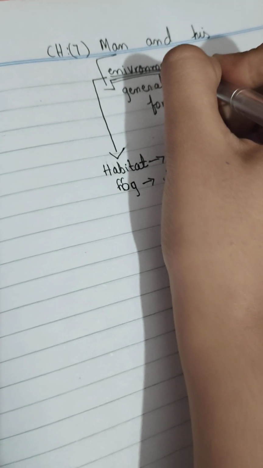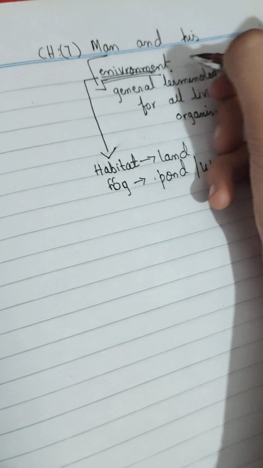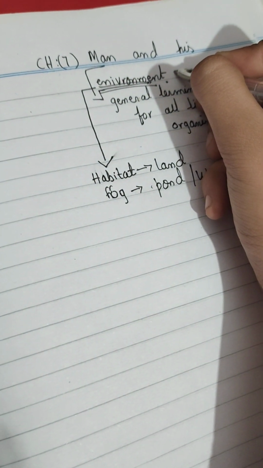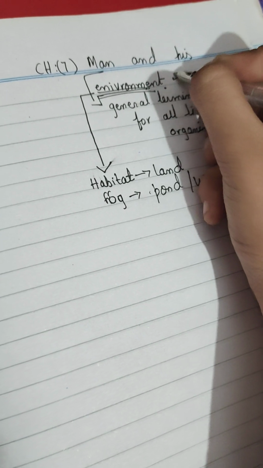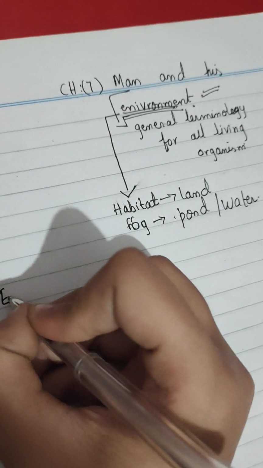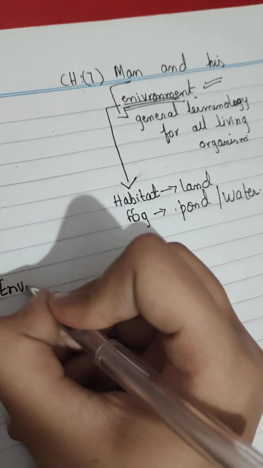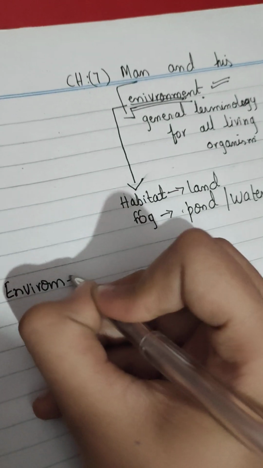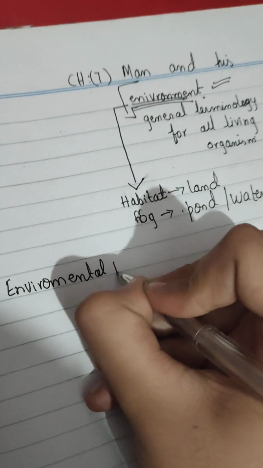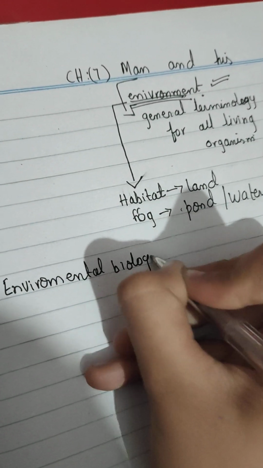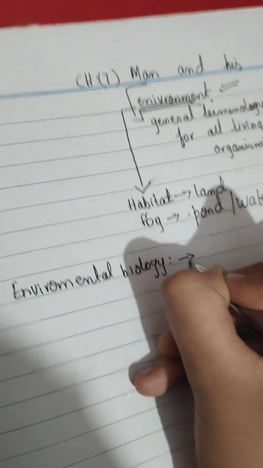In this chapter there is nothing conceptual, everything is based on rote learning or theory. So let us understand the term given in the book, that is environmental biology. So let us discuss what it is.